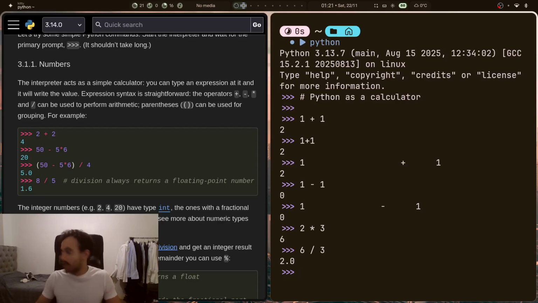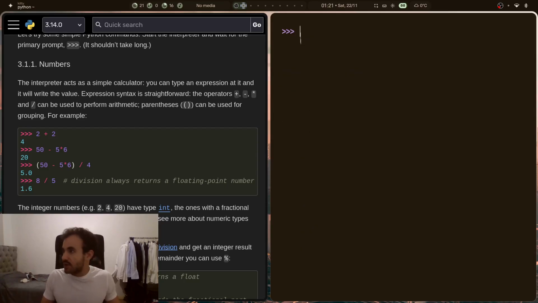But yeah, anyway, that's kind of that. Python as a calculator. So I'm just going to stick with these operators, plus, minus, multiplication, and division.